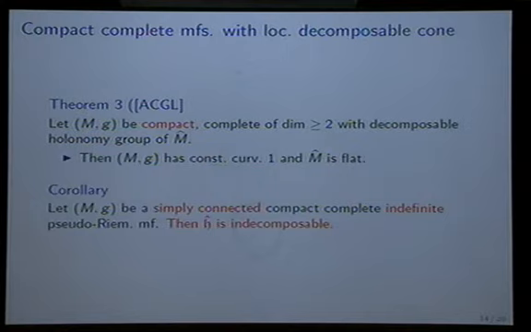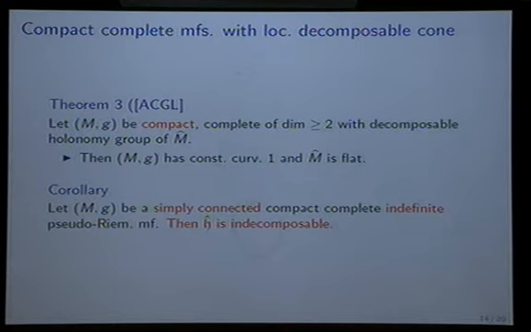And as a corollary, we have that if the manifold is simply connected, compact, complete, with the indefinite metric, then we can conclude the holonomy of the cone is indecomposable. And it follows from the previous theorem because an indefinite pseudo-Riemannian manifold of constant curvature, simply connected, is always non-compact.